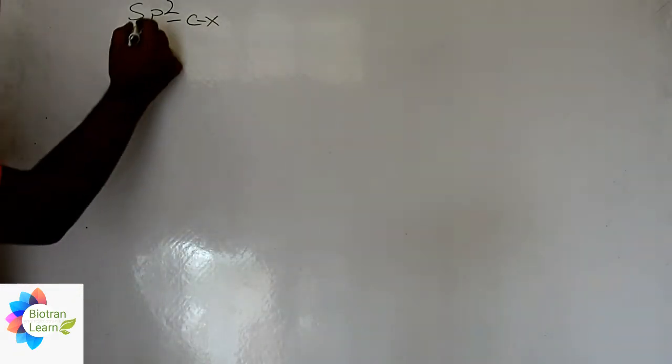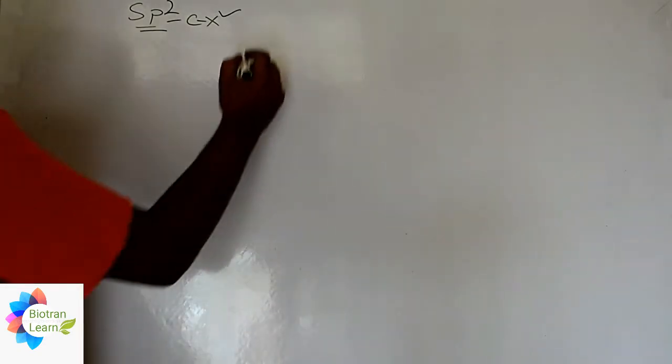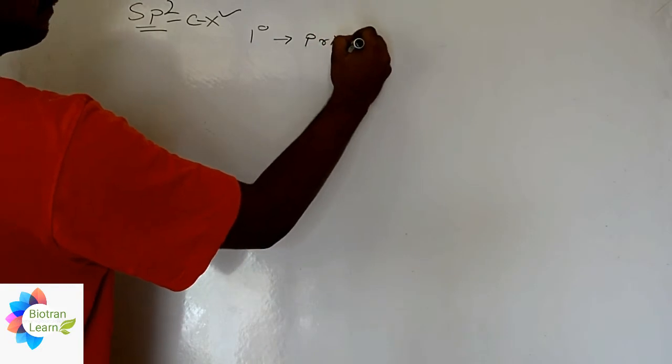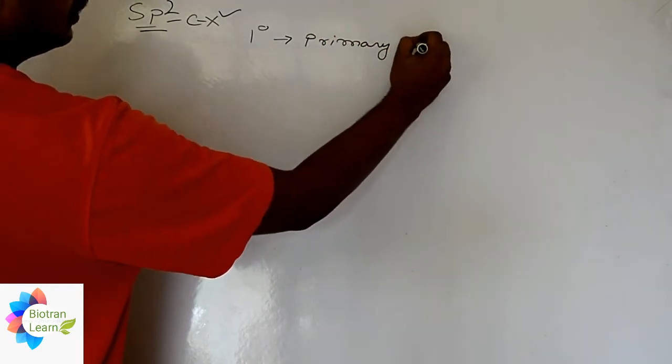In case of the sp3 C-X bond, we can have the first thing, that is known as 1 degree or primary haloalkanes.